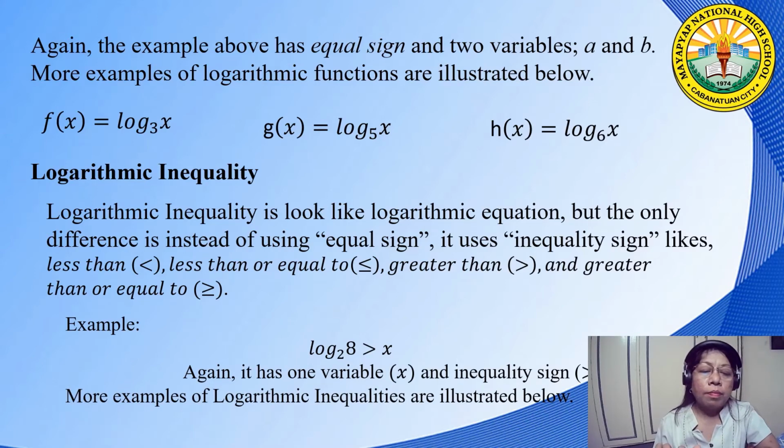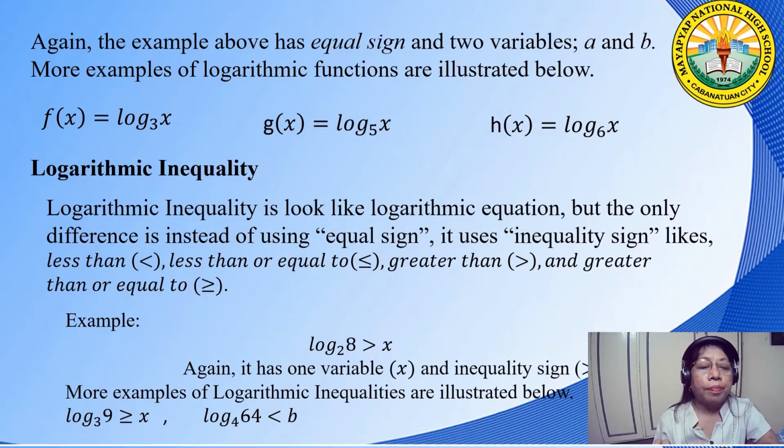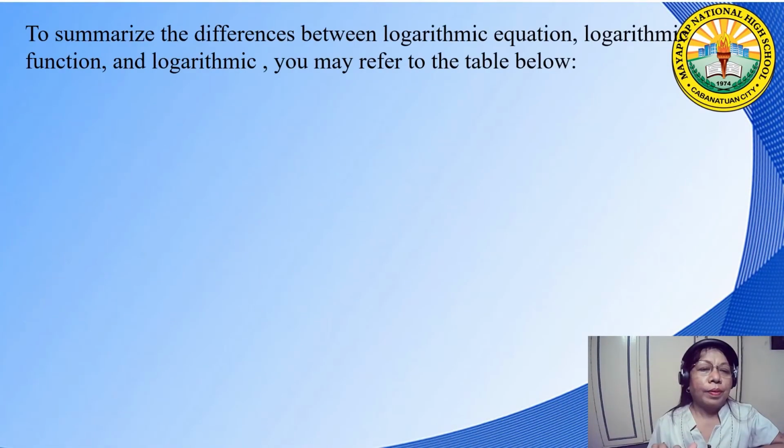More examples of logarithmic inequalities are logarithm of 9 to the base 3 is greater than x, and logarithm of 64 to the base 4 is less than b. To summarize the differences between logarithmic equation, logarithmic function, and logarithmic inequality, you may refer to the table below.